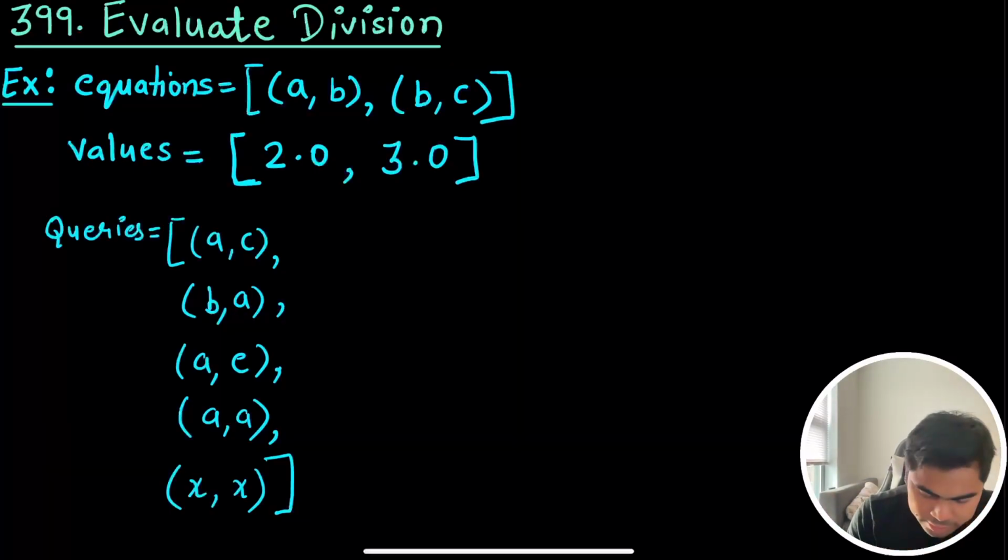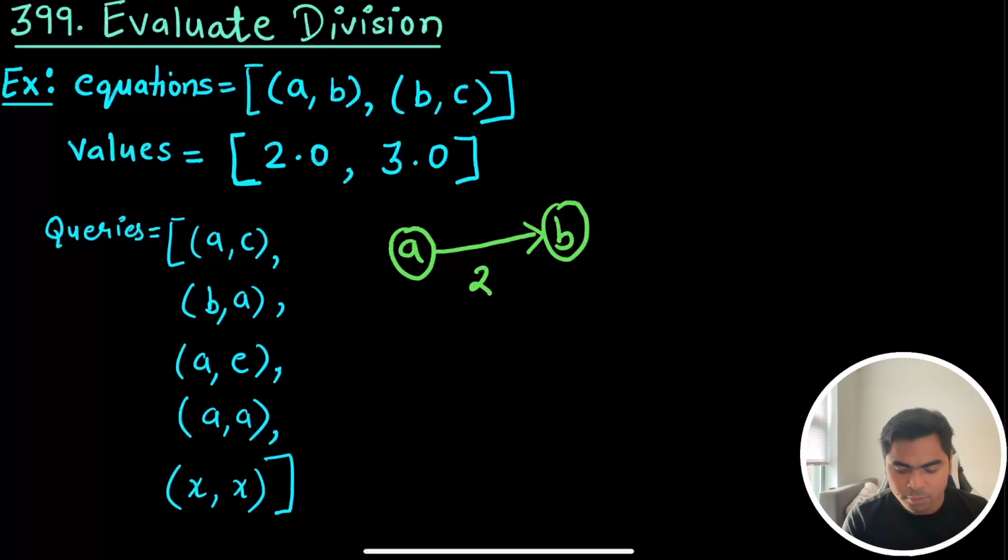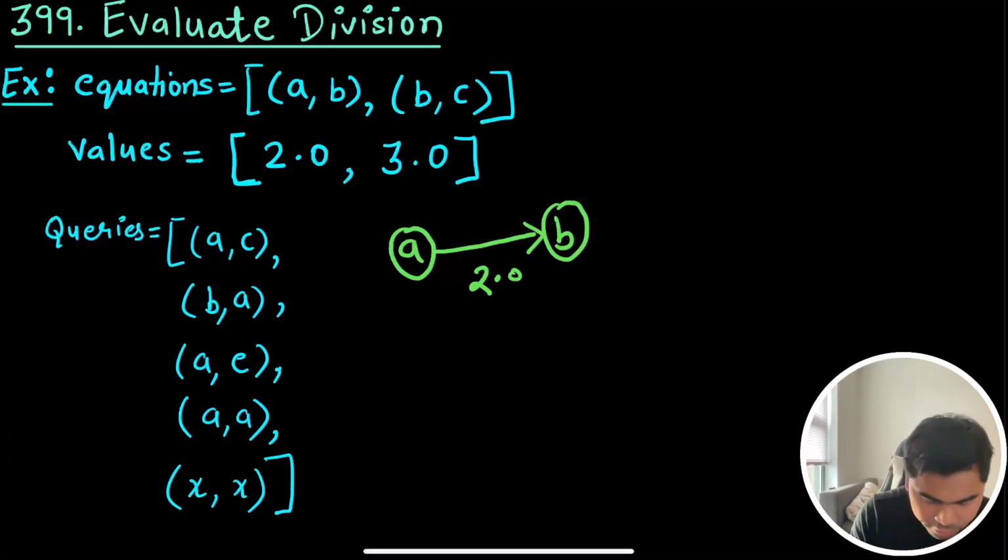So let's say I create a graph with node A, and then I will have an edge going to B, and there will be a weight associated with this. So from A to B, the weight would be 2. I'm going to say 2. Why? Well, it's given to us in the values. So this is the weight from going A to B. But how about B to A?